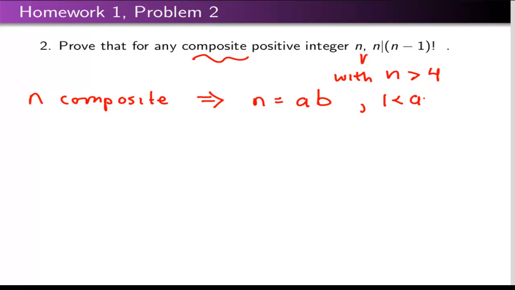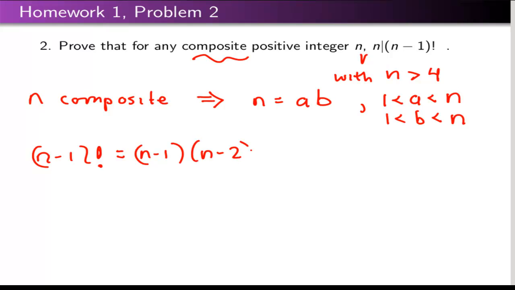So that's the definition of composite: n has a non-trivial factorization like this. So now write down what (n minus 1) factorial is: n minus 1 times n minus 2, down to 3 times 2 times 1.